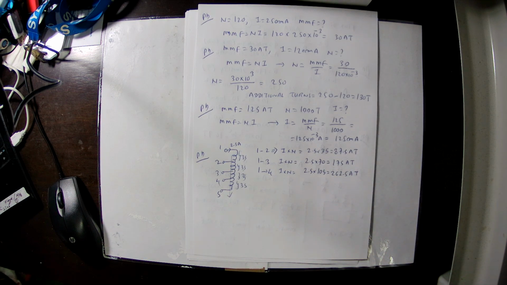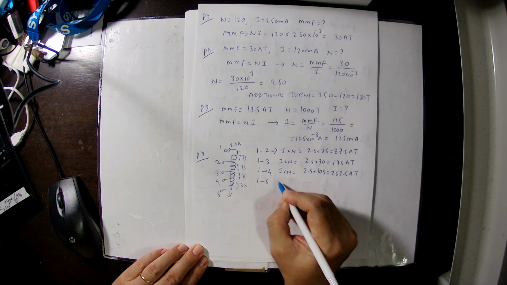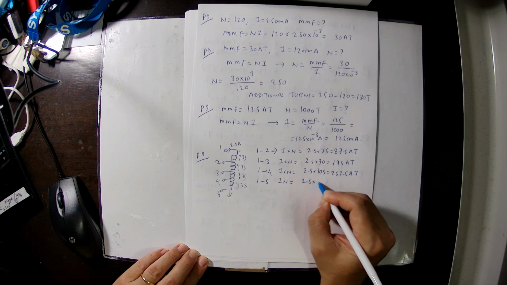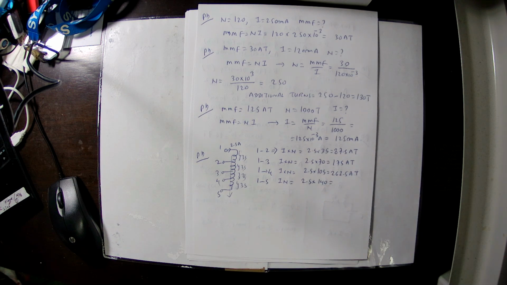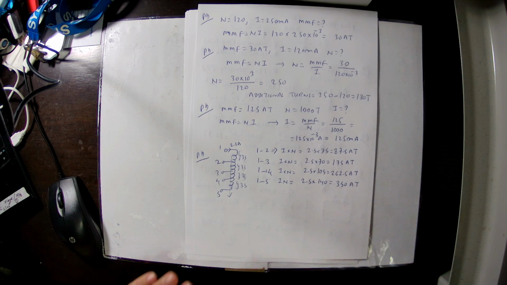Then we calculate 1 to 5: I multiplied by N, current 2.5, number of turns 140. By solving this, we get 350 ampere turn. This is the way we calculate the ampere turns.